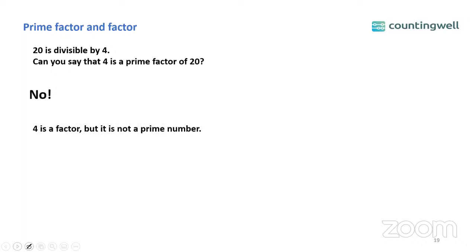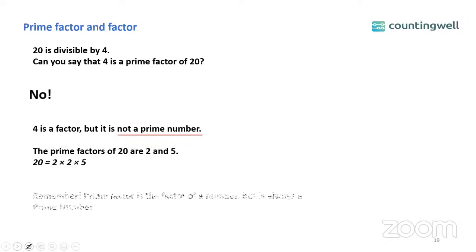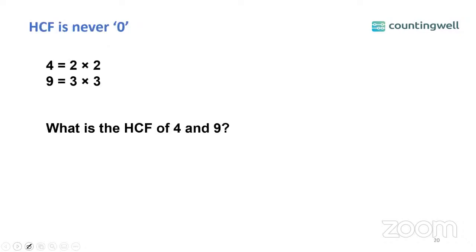The prime factors of 20 are 2 and 5. A prime factor is a factor of a number that is always a prime number.